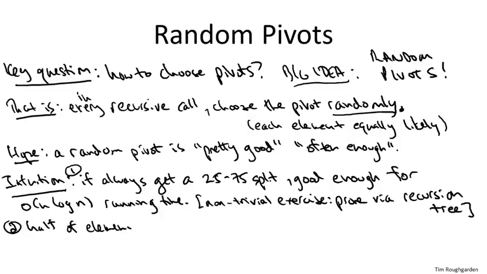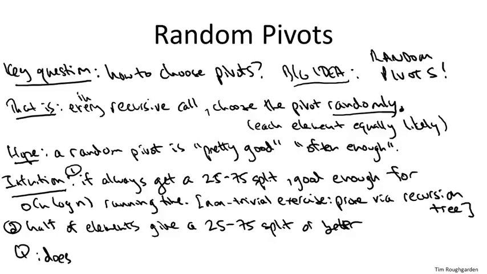But that's a full half of the elements. So it's as good as just flipping a fair coin and hoping we get heads. So with 50% probability, we get a split good enough to get this n log n bound. And so again, the high-level hope is that often enough, half of the time, we get these good enough splits, 25-75 splits or better. So that would seem to suggest an n log n running time on average is a legitimate hope.